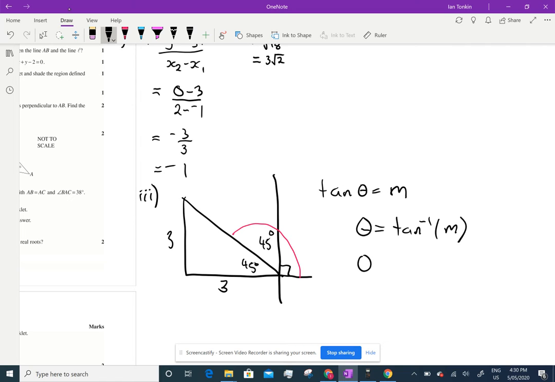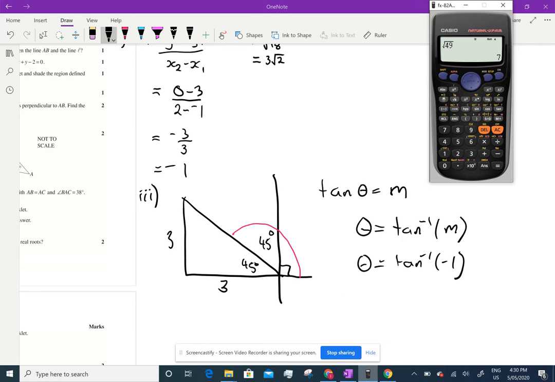And the gradient is -1. And I get my calculator out and I go shift tan negative, come on, where is it? -1. And it gives me -45.